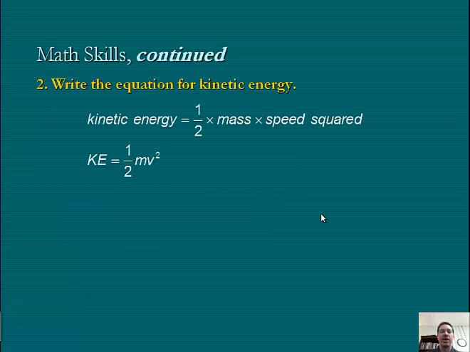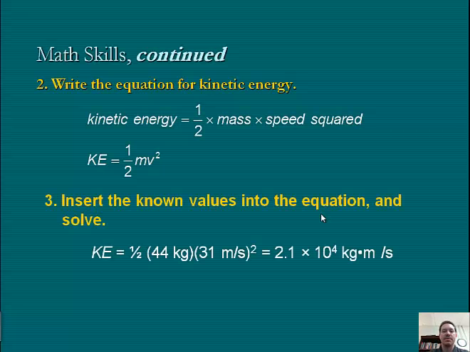So we're going to write our equation down: KE equals 1/2 mass times velocity squared. Plugging in our numbers, we take half of 44, we square 31 and then multiply those two numbers together. We get 2.1 times 10 raised to the 4th power.